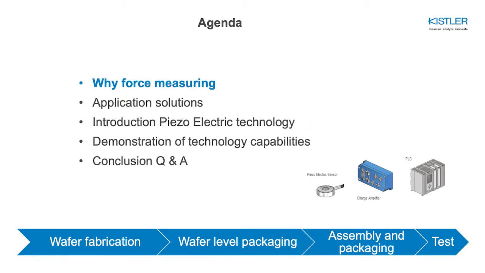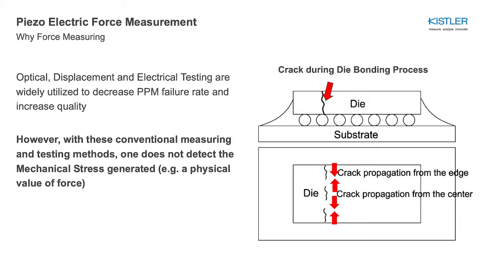Let us first explore why force is utilized. Chip testing of semiconductors, as well as process monitoring and control, are widely done via the utilization of target-based, optical, and motion-based position sensing technologies. I'd like to point out that with these conventional measuring methods, the mechanical stress generated is not detectable, yet it is equally important.